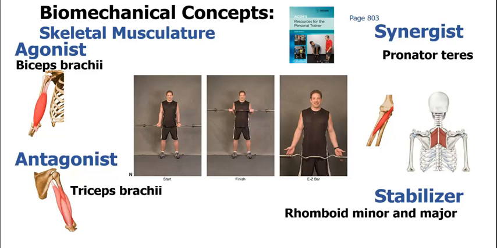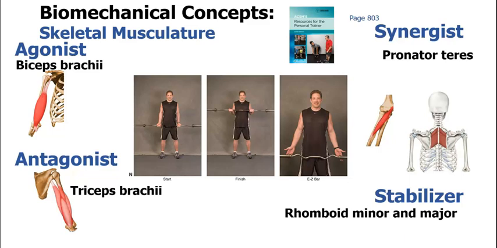In the bicep curl, the triceps act as the antagonist because it has the capability to slow down or stop the flexion of the elbow. Now we're going to move to the synergist. This is a muscle that assists indirectly in the movement. In the bicep curl, the pronator teres is an example of a synergist, as it helps with pronation at the radioulnar joint.